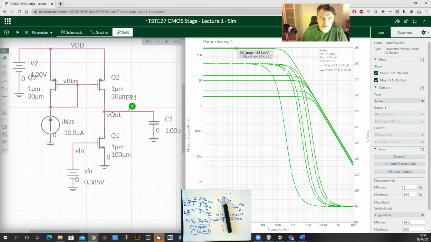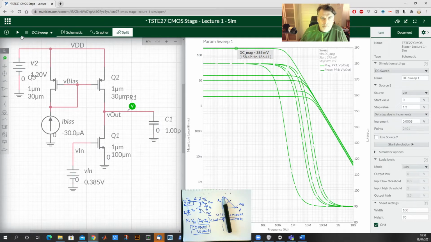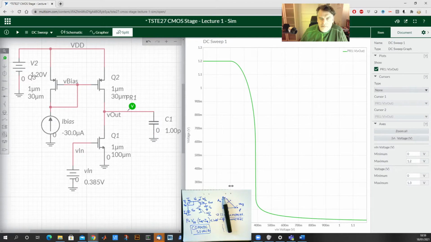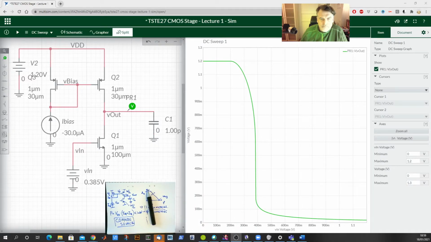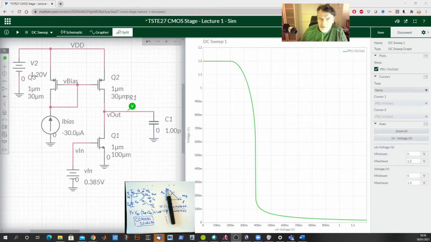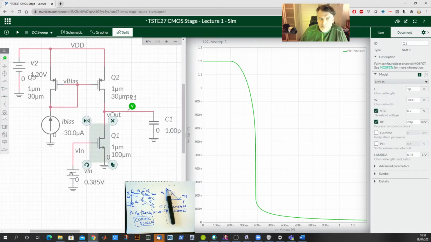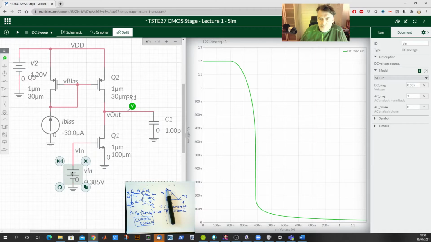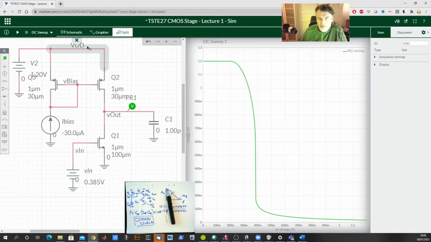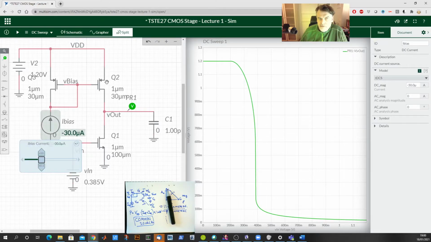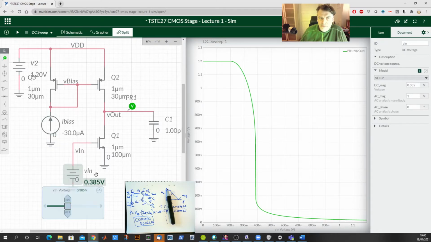So let's look at the DC sweep like this, and let's look at the curve. So what I'm doing here is sweeping the DC voltage at the input gate, this guy, from 0 to 1.2 volts, 1.2 volts being the supply. I have 30 microamps going through the branch, and then I alter the DC voltage here to find my operating point.